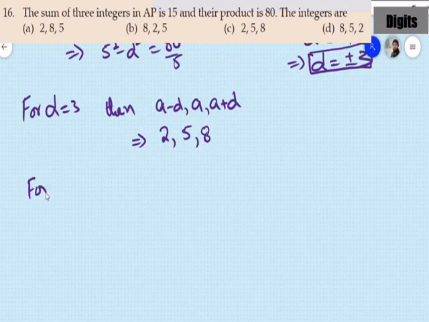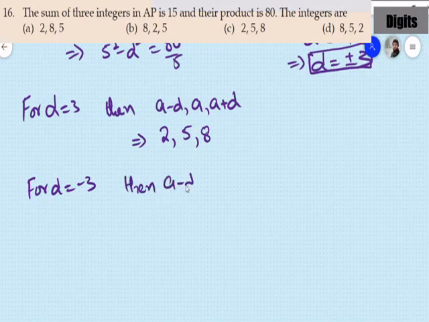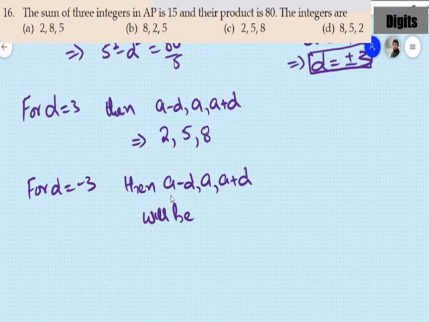Again for D equal to minus 3, the series A minus D, A, A plus D, since A is 5, will be 5 plus 3, that is 8, then 5, then 5 minus 3, that is 2.